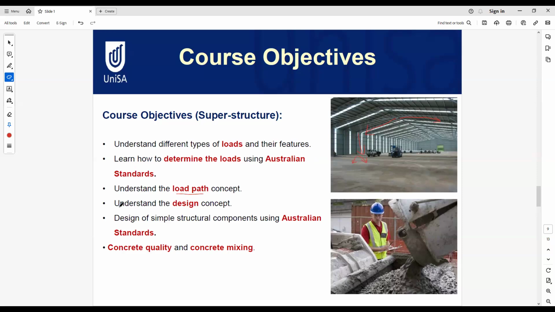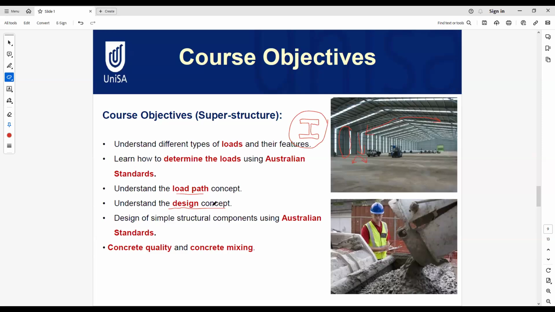And also we need to understand the design concept, or what is meant by design. Design means that after we find the forces in the member, we need to select a member for the column, for example. As you can see, this column is, for example, a universal column like that. So we need to find the size of this column or this section. This is what is meant by the design concept.